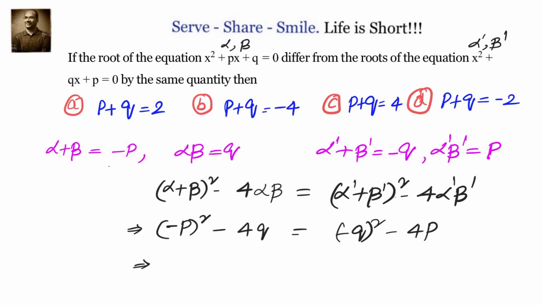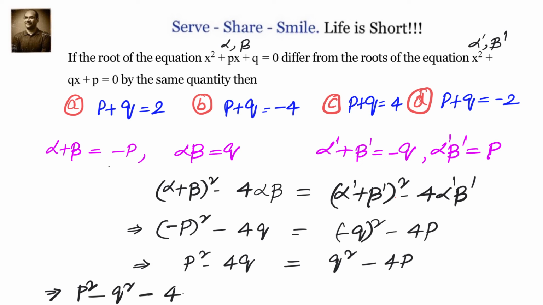On the next step we will have p square minus 4q equals to q square minus 4p. Can we get everything on the left hand side? We will have p square minus q square minus 4q plus 4p equals to 0.